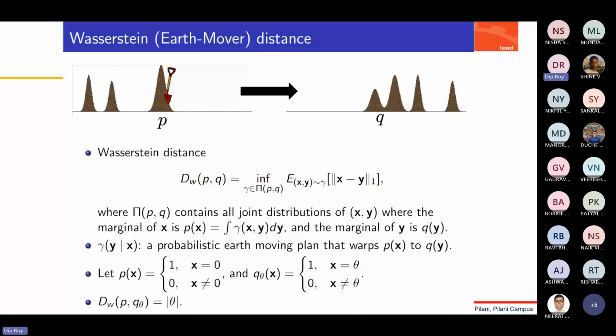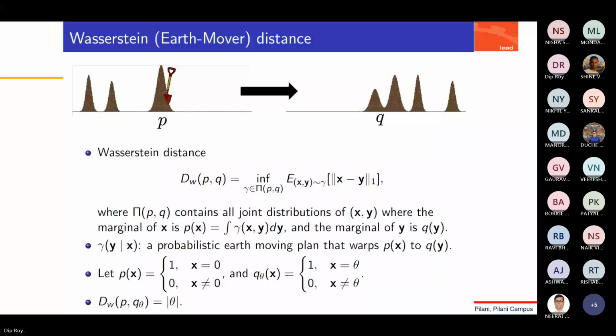Okay. Now, what do you exactly do in W GAN? First just understand intuitively, and then we'll see where we go from there. Okay. Now, on the left hand side, you have a distribution P. On the right hand side, you have a distribution Q.